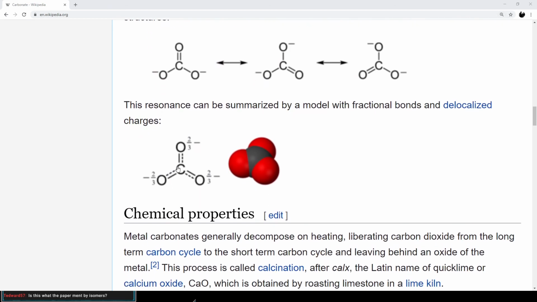We have a single bond for sure, and then that double bond is shared between all of them. You don't have to worry about these charges here. That's something we'll come up with in 111. But we can see that bond is going to be pretty much equally shared between them.